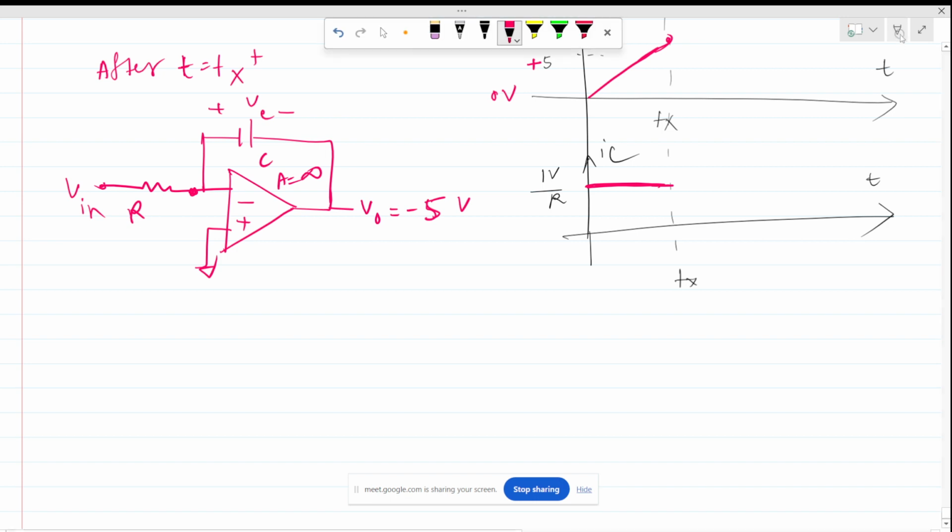Now actually, what will the op amp do? Op amp will stop its working, okay? Op amp is dead right now. Then the equivalent picture will be a normal RC circuit.